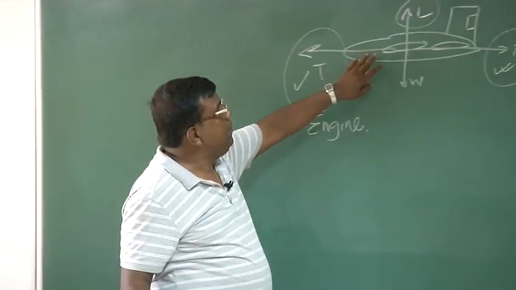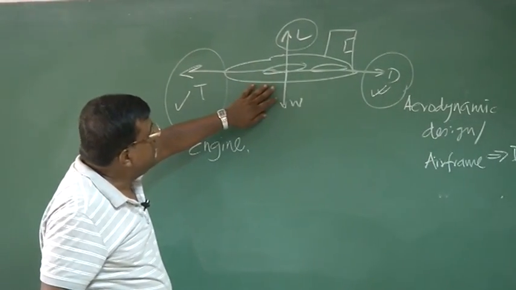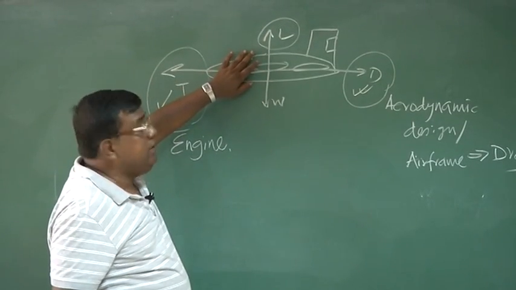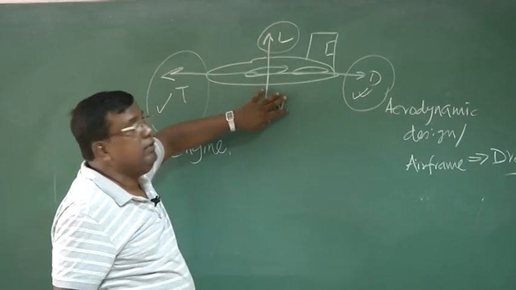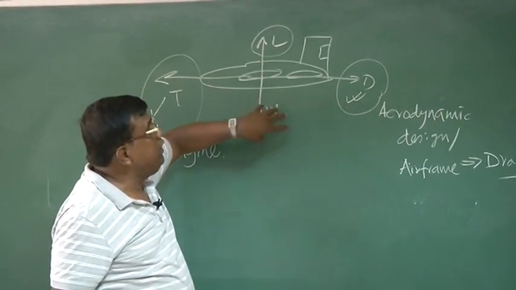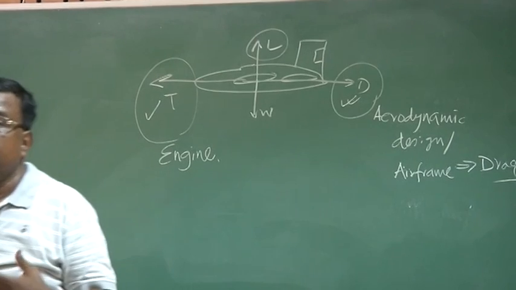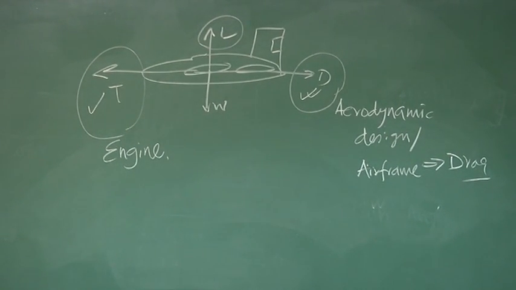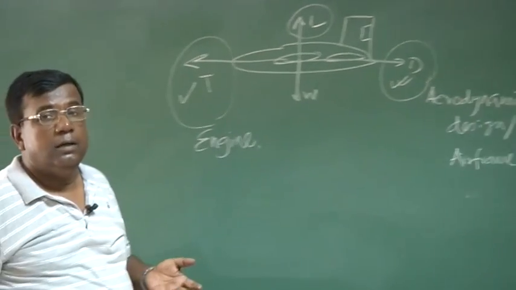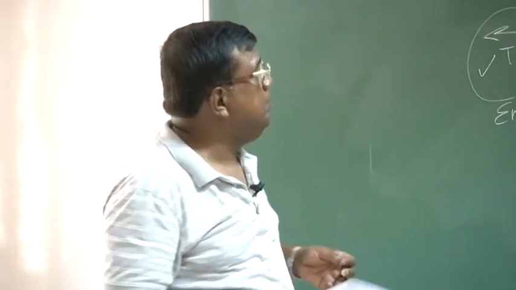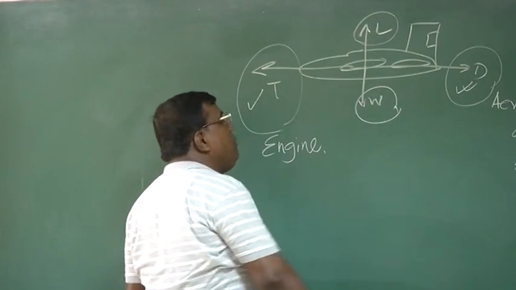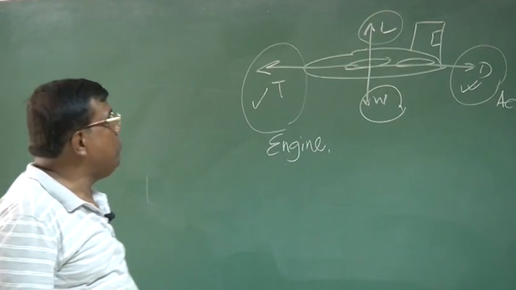See, in cruise, my aim is I must fly at a speed such that the lift is good enough to balance the weight. If we go on increasing the weight, then generating that lift to balance the weight also will be demanding, and we may not be able to fly at that speed to really balance the weight. So we have to be very careful when we are deciding on the weight, even at cruise conditions.